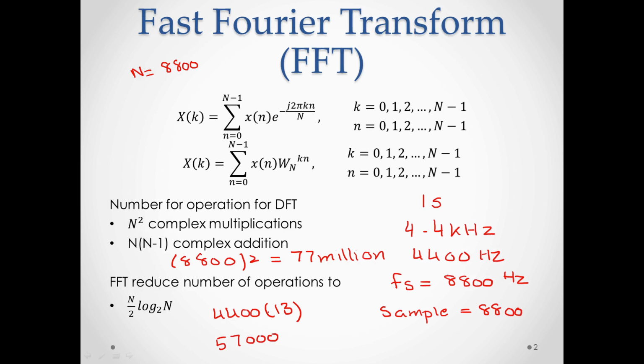So we can see, if we are performing Fourier transform for just a 1 second sample using discrete Fourier transform, we have to perform 77 million complex computations, whereas in fast Fourier transform we just need to perform 57,000 computations.